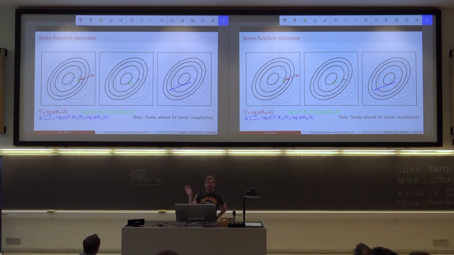That's the direction of the gradient. I'm drawing the gradient here so that it starts from the point theta m, just for illustration purposes. This is the gradient we compute.